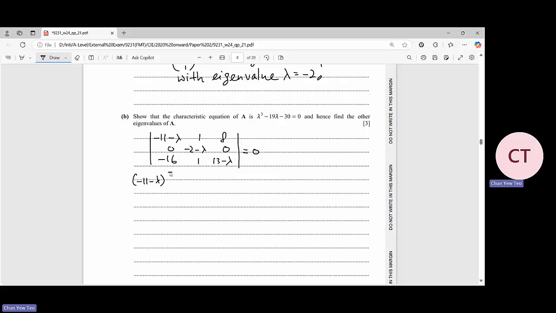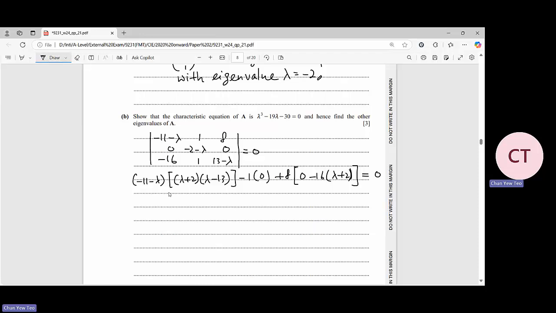Then just find the determinant. Over here, I factorize the negative out. It will become lambda plus 2, lambda minus 13, minus 1 multiplied by 0, plus 8 multiplied by 0, plus this one is a minus, equal to 0. We can see that this and this have a common factor, so I don't plan to expand them first.